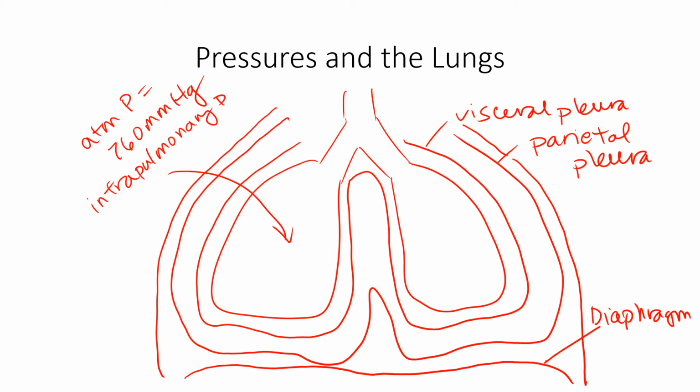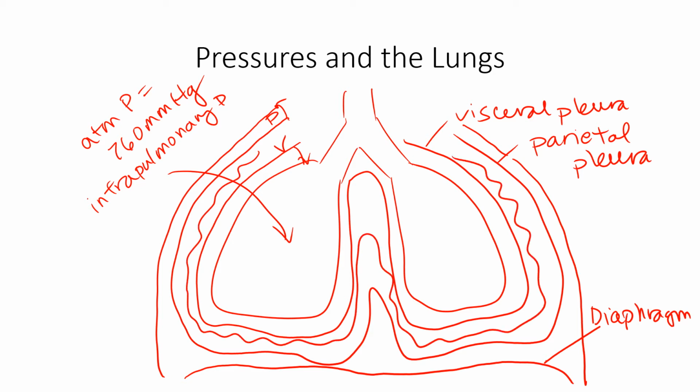And then, let's see, we've got visceral pleura here and parietal pleura here. Parietal pleura is anchored to your thoracic cavity wall. Visceral pleura is anchored to the lung tissue itself, and we know that right between those two serous membrane layers, all of this in here, this is going to be serous fluid.